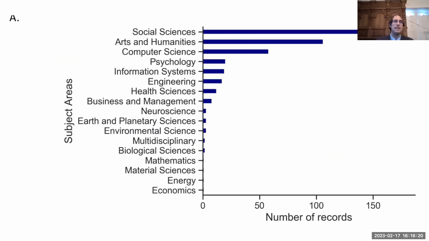As mentioned, many of these were coming from the social sciences and the arts and humanities. Computer science is in 3rd place here. In stage 2, Seb will talk more about that, and we'll see a surge in computer science interest from the start of the pandemic. It's not that misinformation is new to computer science at that point.